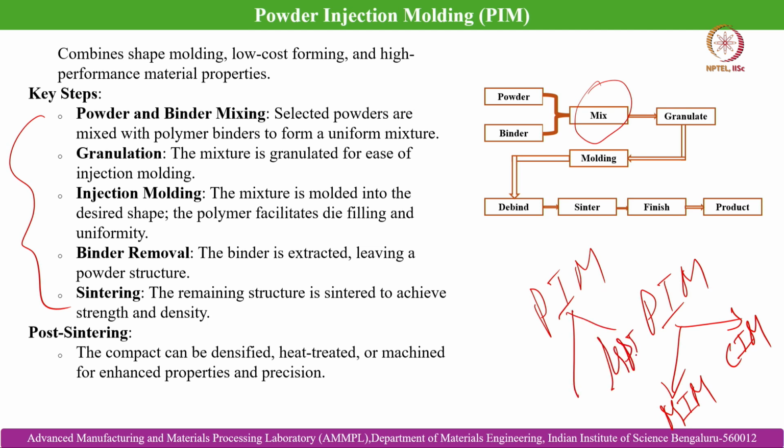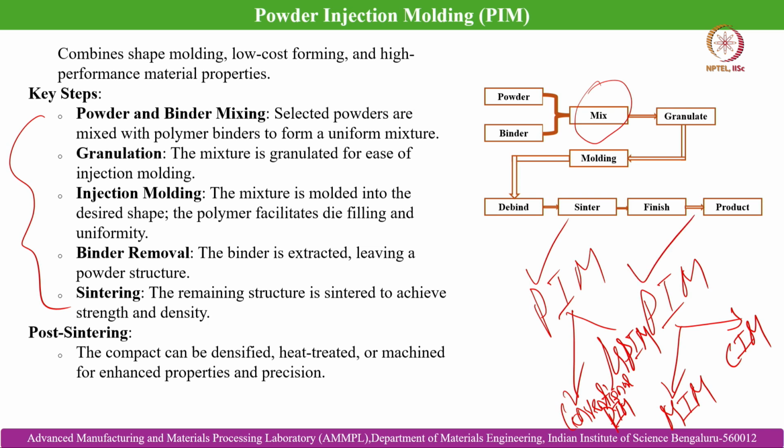So, these are basically the variants of the process based on the material aspect, and also the shape, size of the part, and also the kind of features that we are looking for in the developed part. So, based on that we can classify the PIM processes in two ways that has been discussed over here.